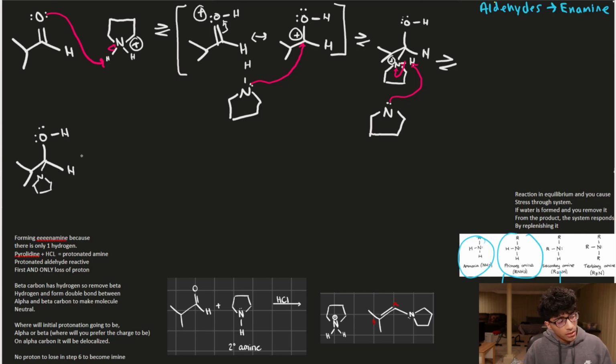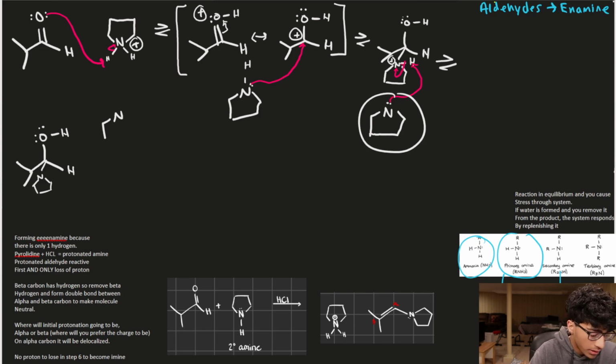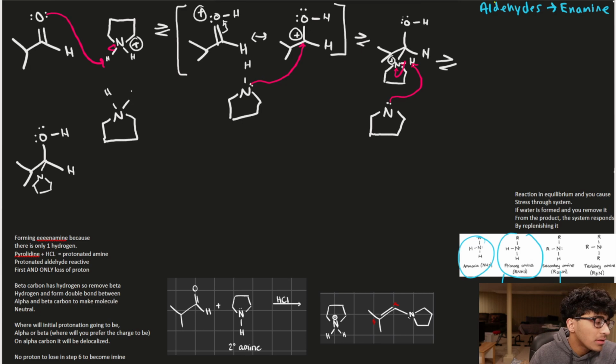Now we want to get rid of the alcohol, so we're gonna make it into a good leaving group. When this took the hydrogen, it's now protonated, so it has a charge on it.